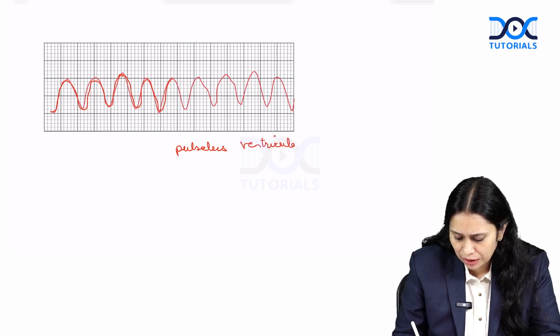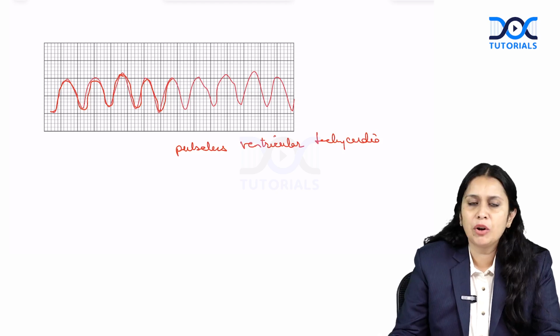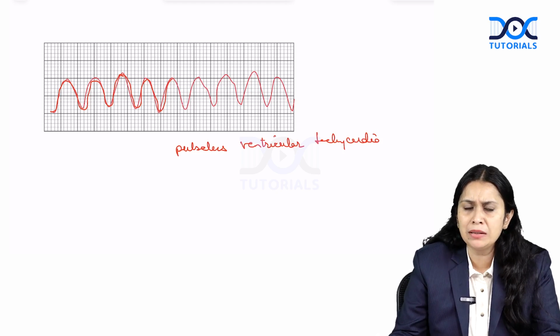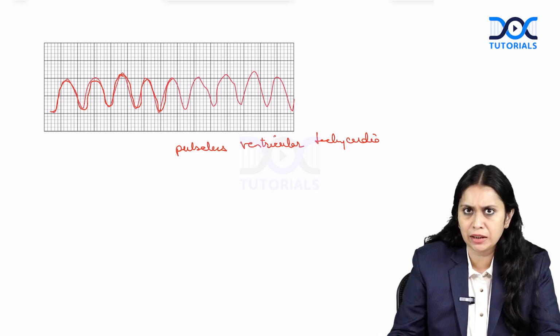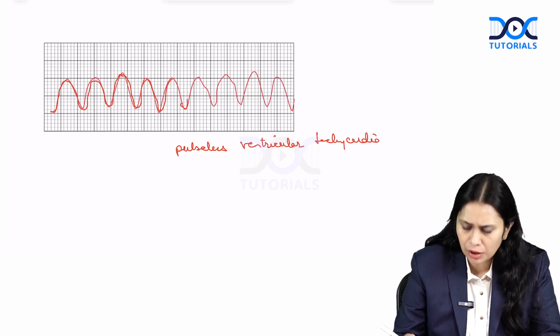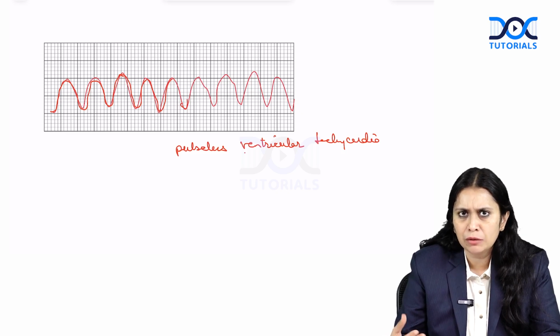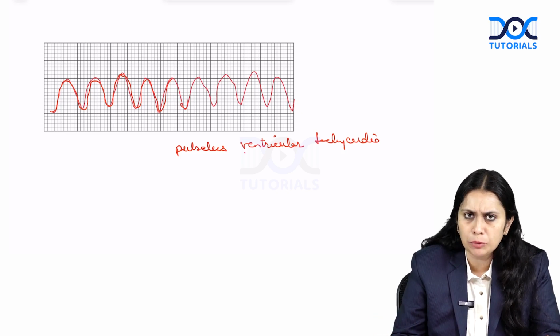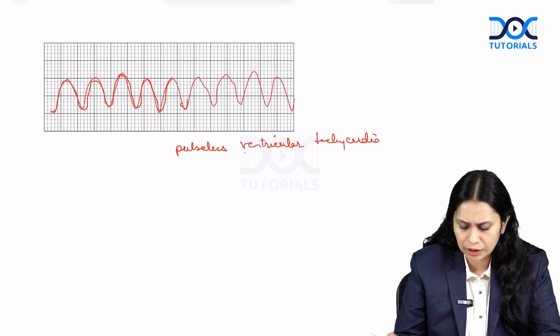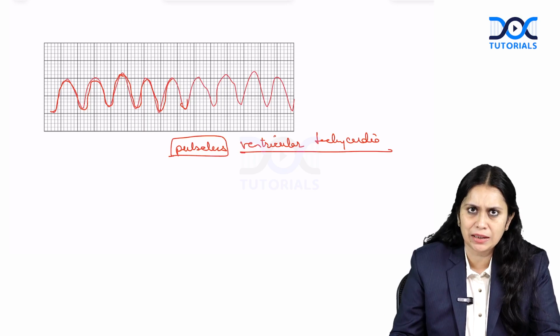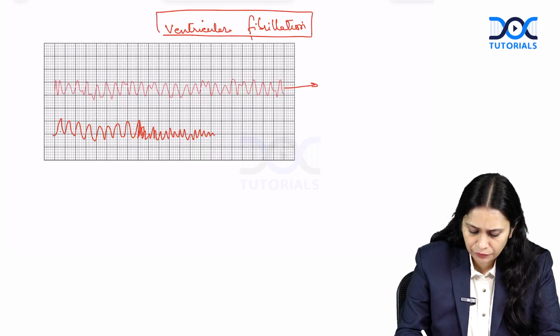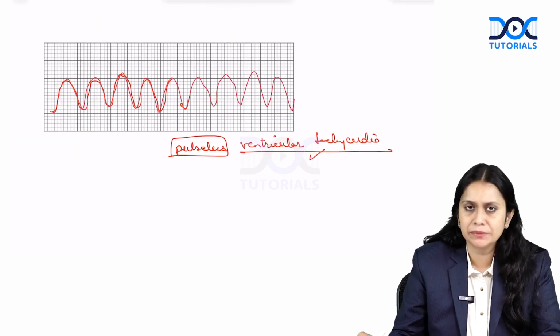The tachycardia is because of chaotic impulses originating from the ventricle. This could be of the same morphology, and sometimes of a few different morphologies. We call it polymorphic or monomorphic ventricular tachycardia. But any ventricular tachycardia without pulse comes under cardiac arrest. So these two rhythms, VF and VT, are shockable rhythms, and we'll discuss their management.